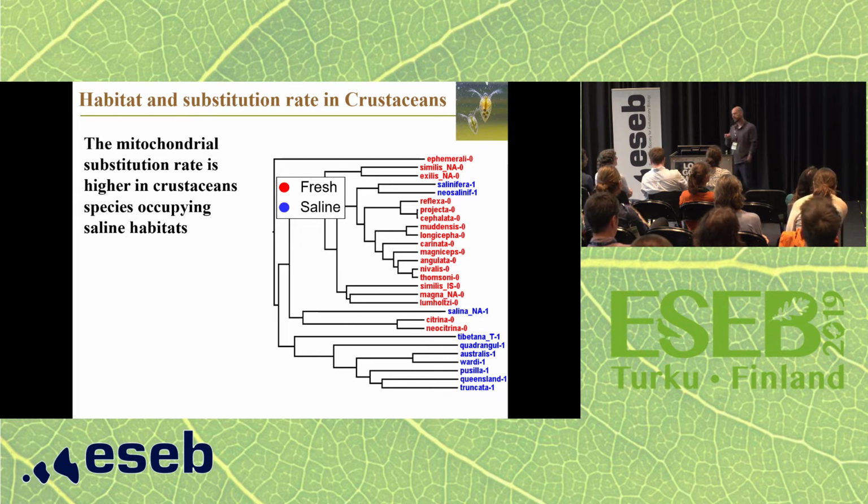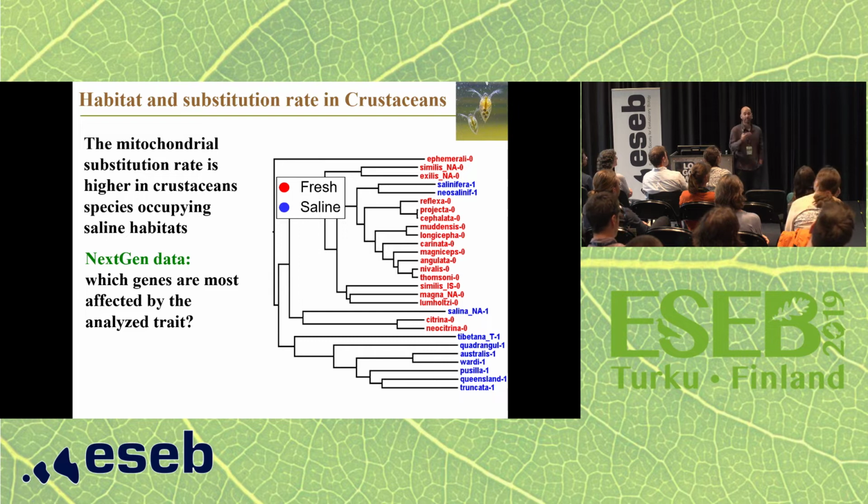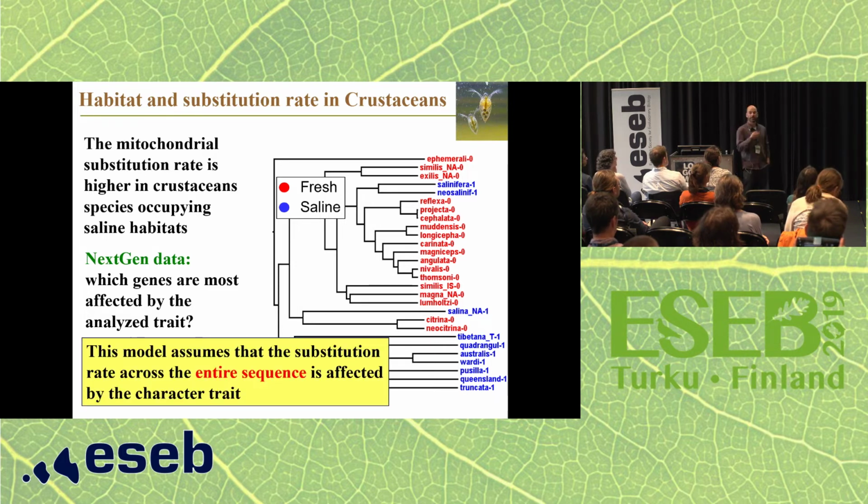Okay, but in this example, we looked at non-coding sequences, which indicate the genome-wide substitution rate. But in some cases, we would like to do an analysis on a gene-by-gene basis, right? Looking for which genes are most strongly affected by the trait that we analyze. And in addition, in this method, we assume that the whole gene under study is affected by the trait.